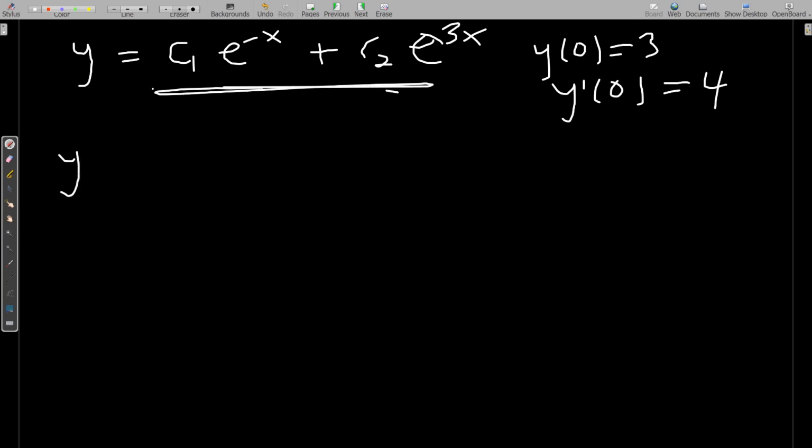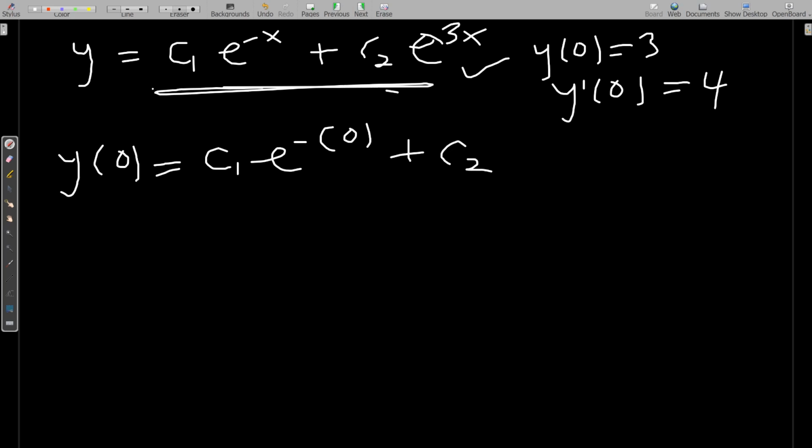It means wherever you see x in that solution, you put 0 there. So c1 e to the negative into bracket 0 plus c2 e to the 3 into bracket 0. Negative 1 times 0 is still 0, so e to the 0 is 1. So I have c1 plus c2, because here too you get e to the 0, and that is also 1.